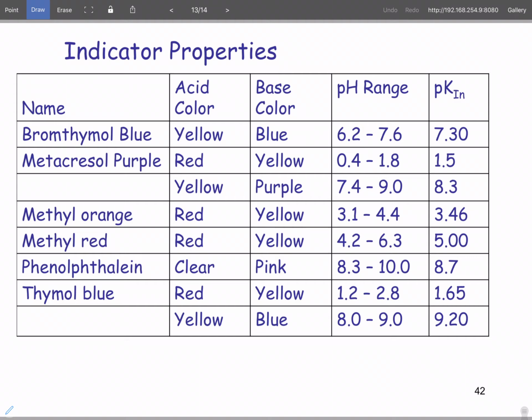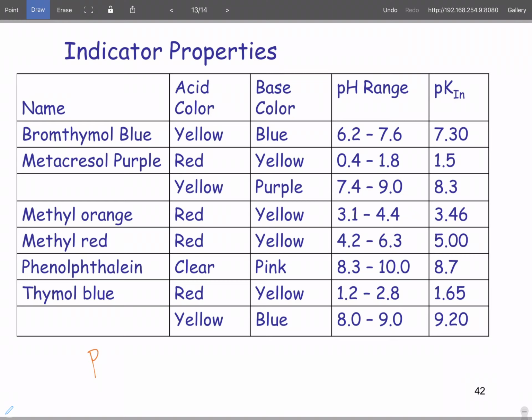Okay? Now, because I can't give you the entire list, I've picked a few out and I give you a range. So if I told you that the equivalence point is going to be about 4, which indicator would you use?